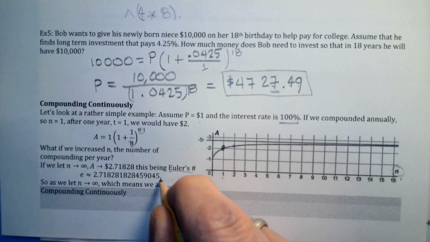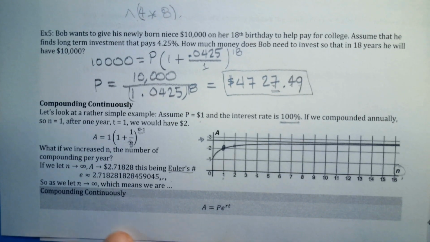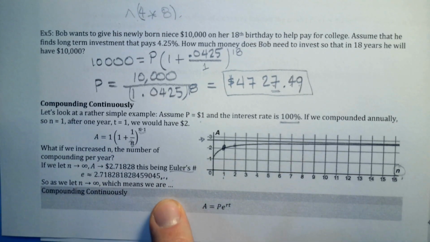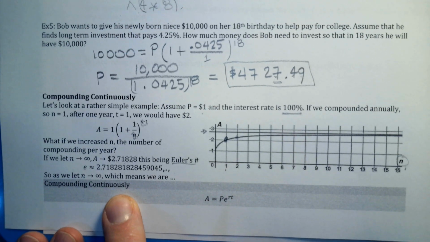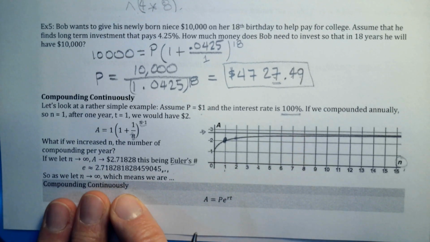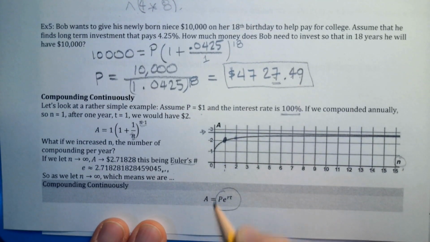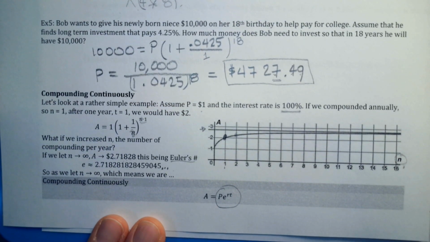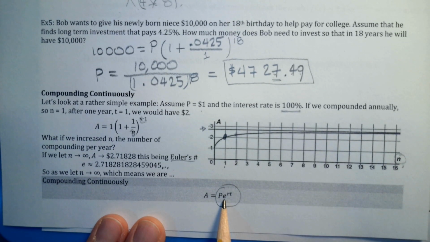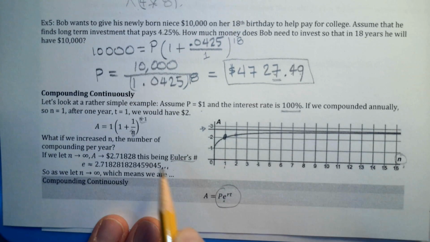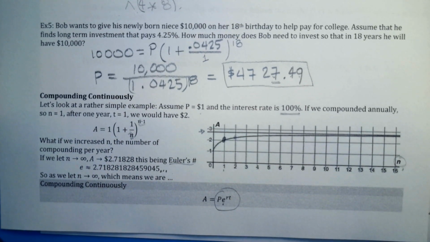It's not an exact number; it just keeps going. So if we let n go to infinity, that's the same thing as saying we're compounding continuously, and so that formula ends up converting to this. E being Euler's number, and that's what this approaches as we get closer and closer.